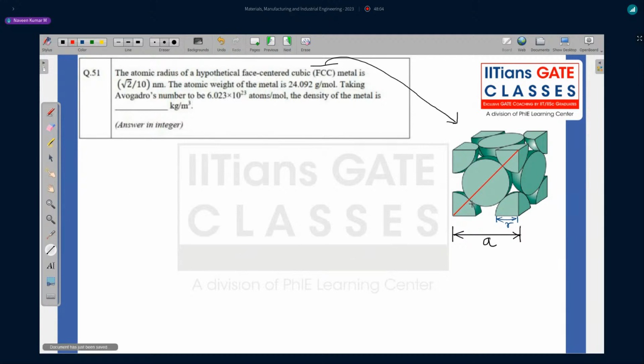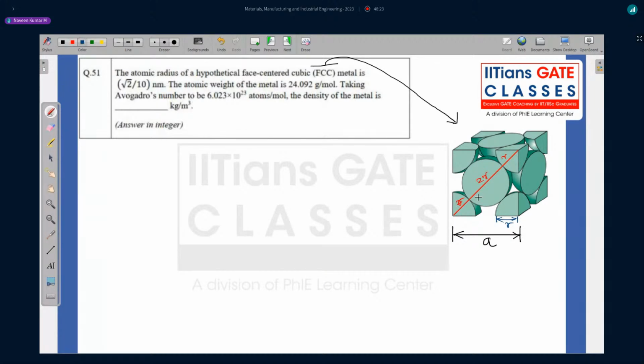So how many R's are here? One R, then 2R, and one R. So R plus 2R plus R is equal to the diagonal length, which for a unit cube of side A will be √2A.